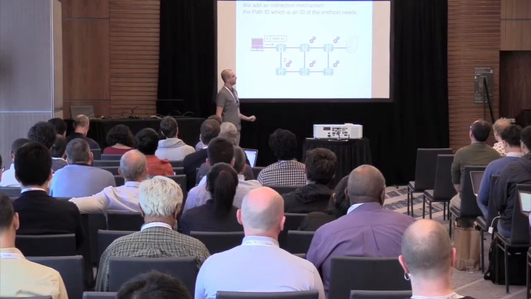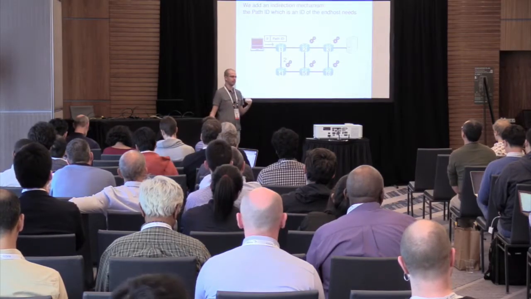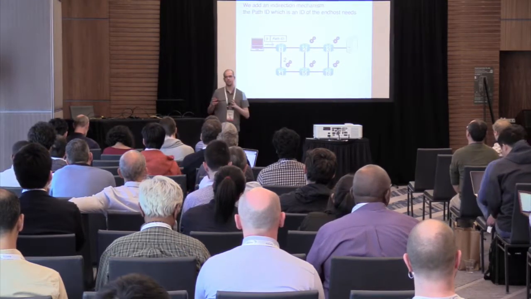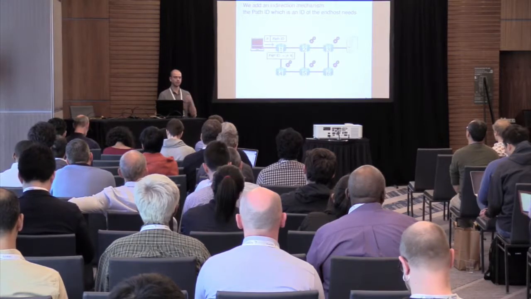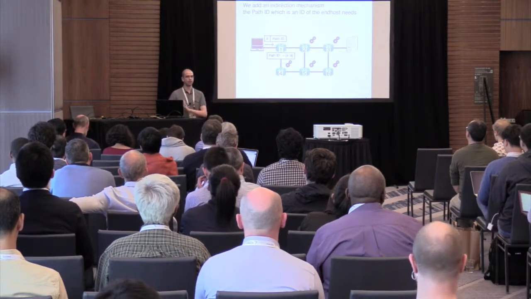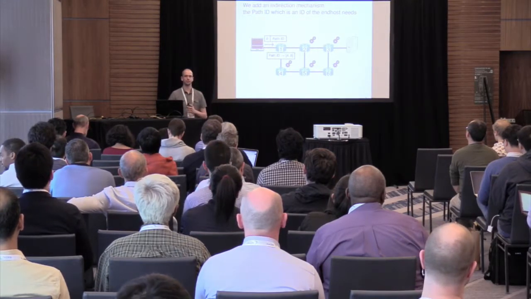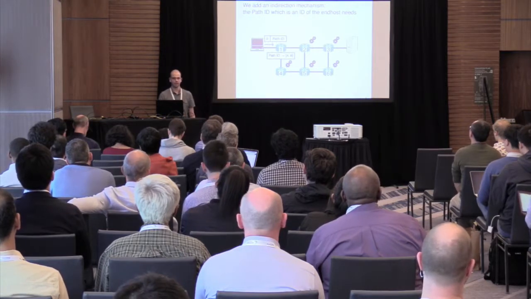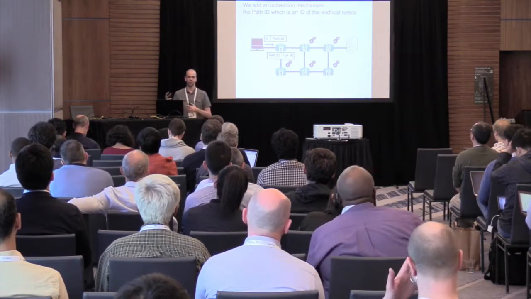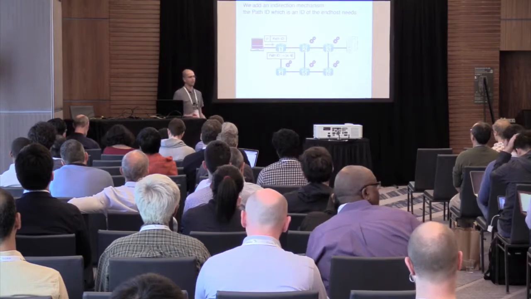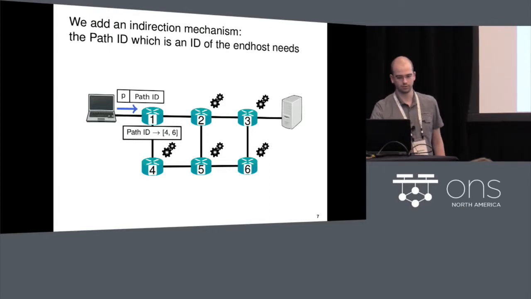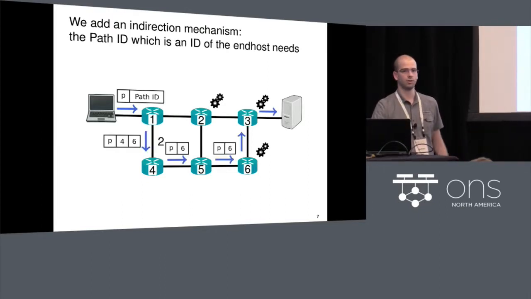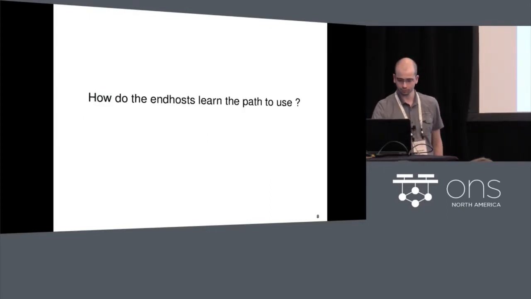As the list of intermediate nodes, we add a path ID that matches router 1, and router 1 will translate this path ID into the real path that you must take inside your network, here 4 and 6. This level of indirection allows you to change the path behind the endhosts if there is a new router in your network, or if you want to react quickly to a failure. And it works as I've said before.